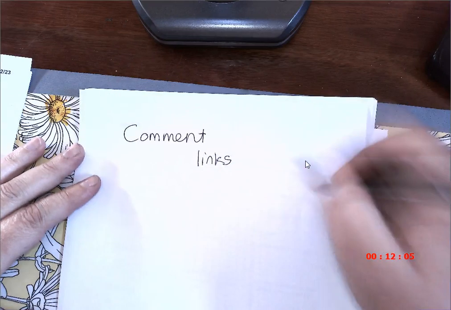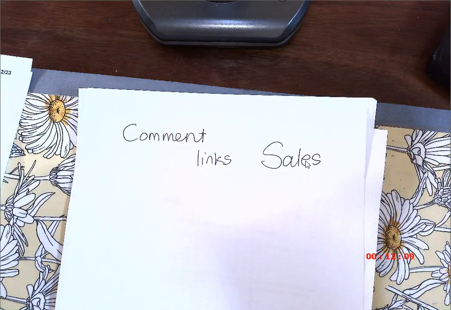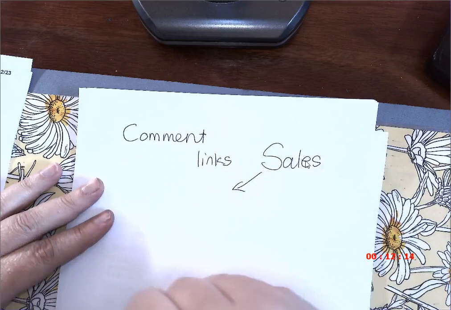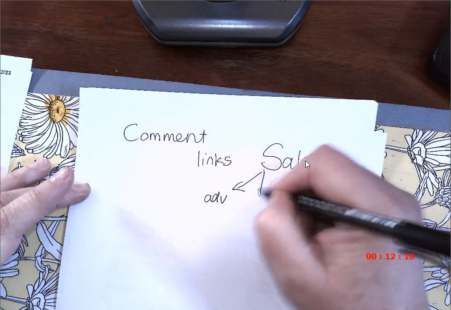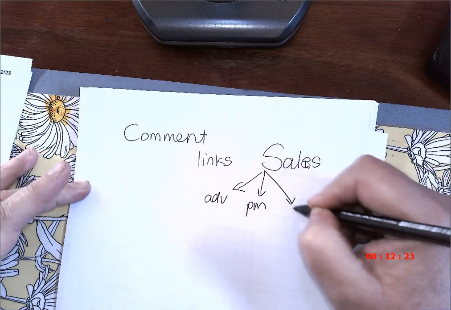Okay, so sales is a big thing. That's your main reason why you have a business. So your sales you can link to advertising, marketing. You can link it to packing material. You can link it to deliveries to clients.